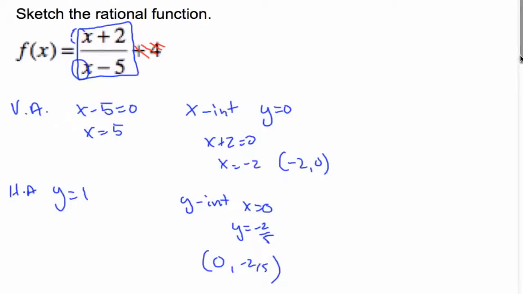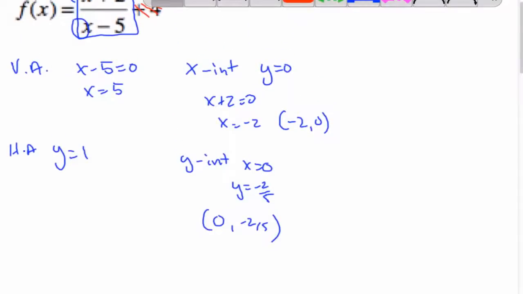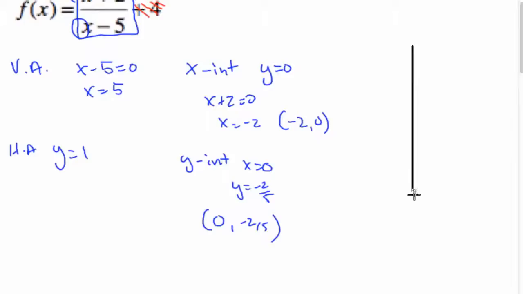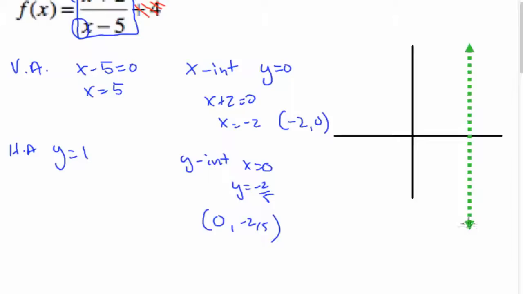So now I can start to get a sense of what this graph looks like. Let's put on some lines here, here, here. And we'll put on some asymptotes. We'll put on y equal to 1. We'll say it's about here. My horizontal asymptote is y equals 1.